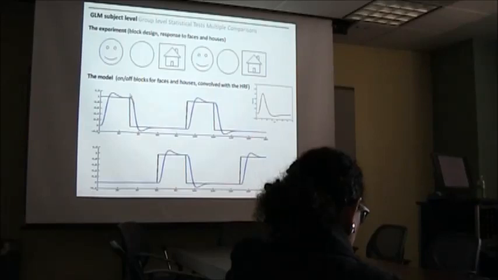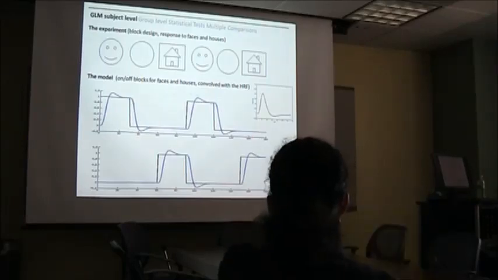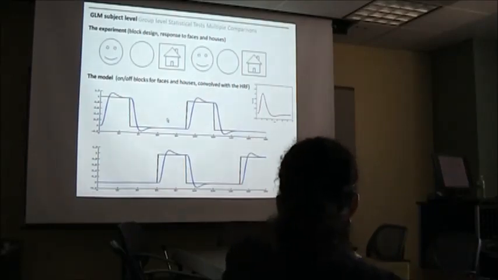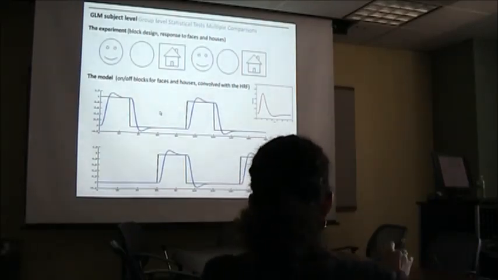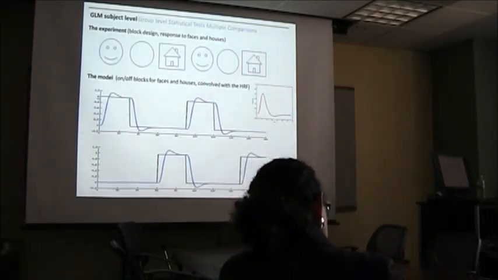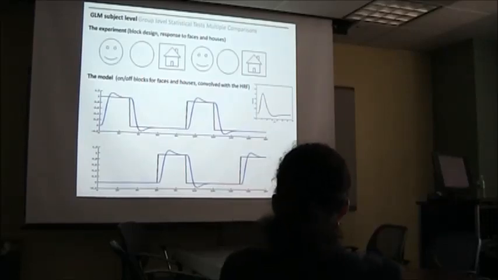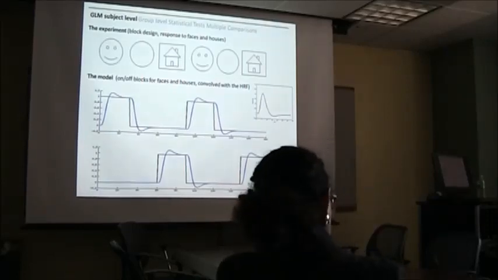Again, this is a step that you often do in setting up your model, convolving it with the HRF. It's less of an issue in block designs. If you look at this, you might see that this blue line overlaps fairly well with the black line. It's a little bit different, but not completely.